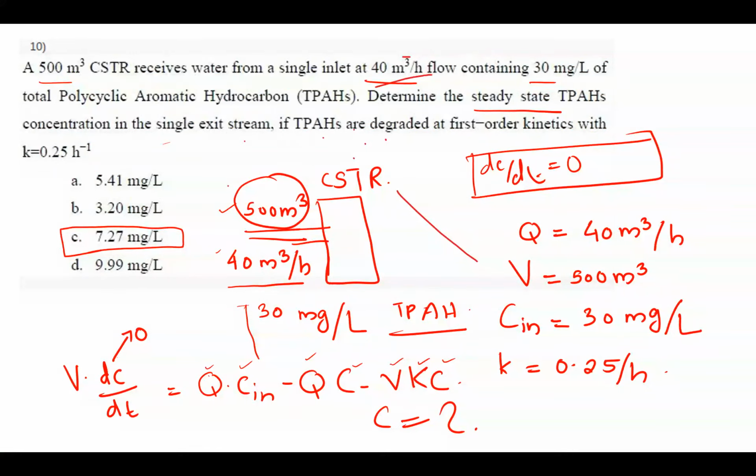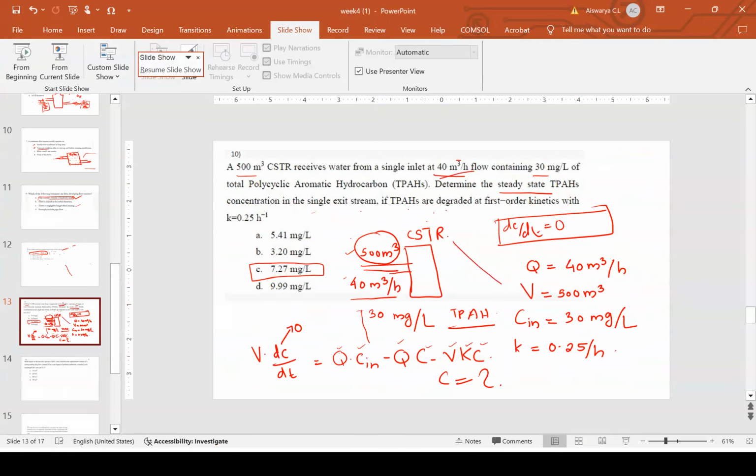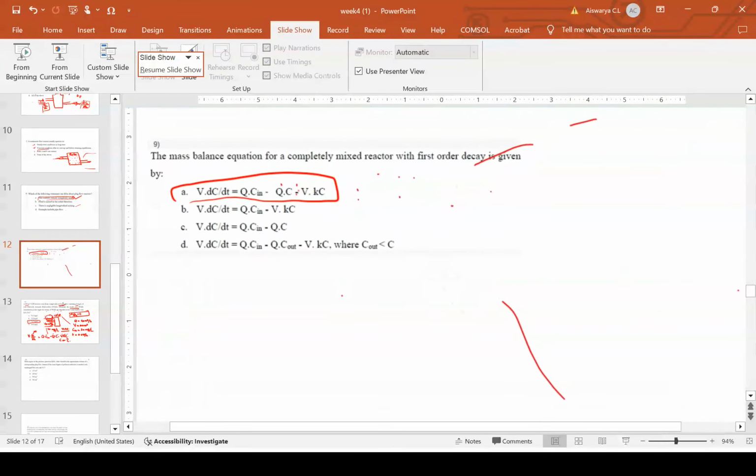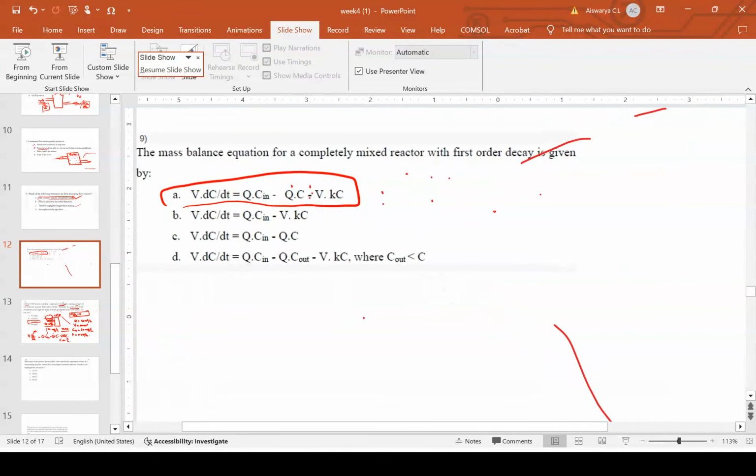This is the main equation, the mass conservation equation, which we have learned. You see on the screen in the equation, the left hand side, dC by dt, is 0 because of steady state, and all the remaining quantities are given in the question.